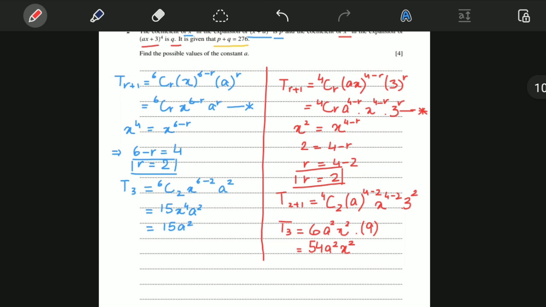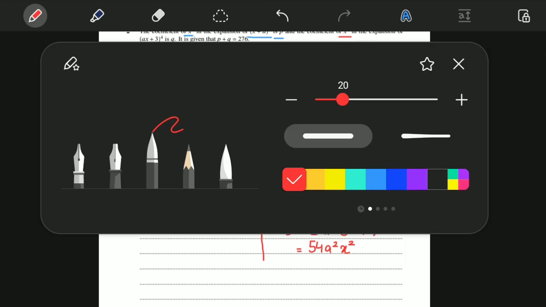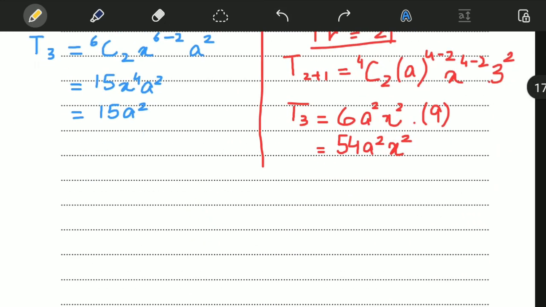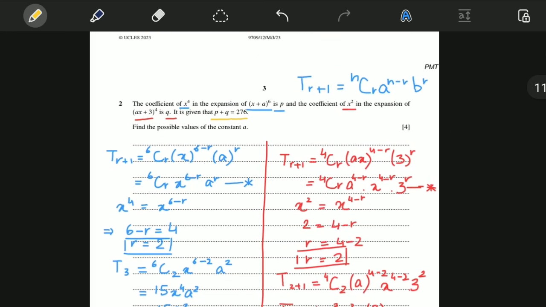Okay, so now we have to find a constant a, and for that we are being given a relation that is p plus q is equal to 276. So here it is, p plus q is equal to 276, and what is p and q?